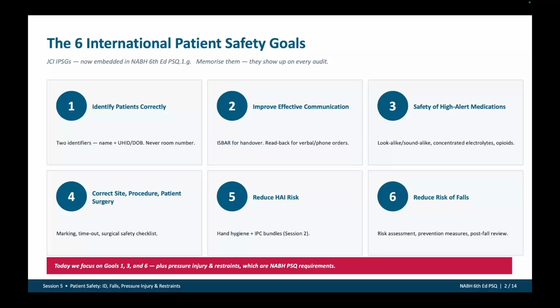Today we focus on goals 1, 3 and 6, as the other areas are covered in the remaining topics, plus the pressure injury and the restraints, which are also essential in terms of NABH patient quality management.